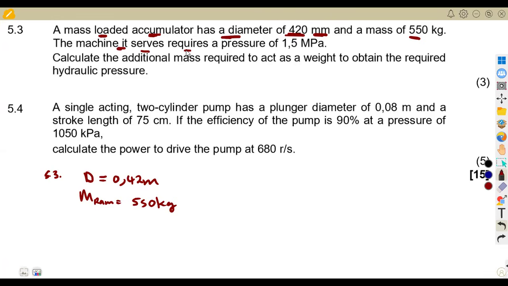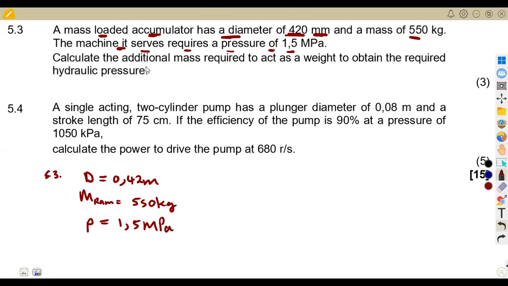The machine requires a pressure of 1.5 megapascal. So we have the pressure exerted, that is the pressure needed, 1.5 megapascal.